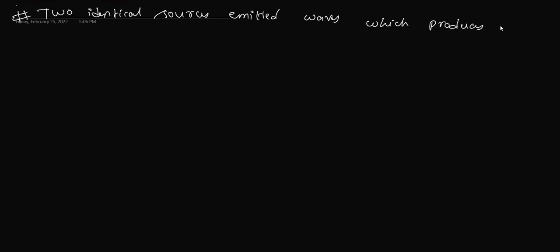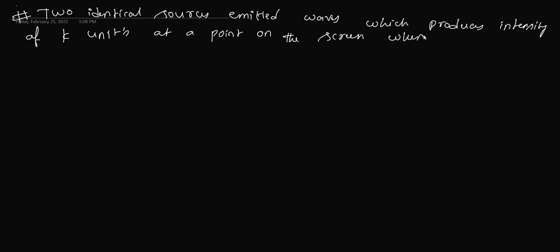The question they're asking is like this: two identical sources emitted waves which produce intensity of k units at a point on the screen, where the path difference is lambda.